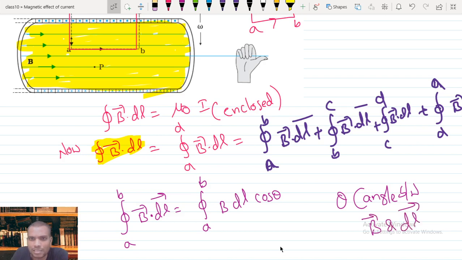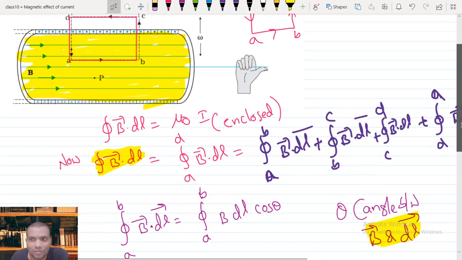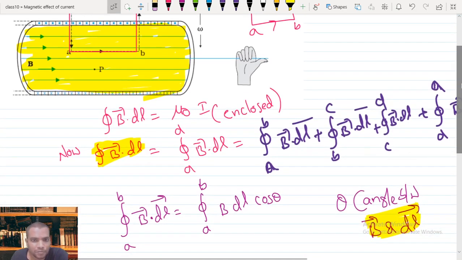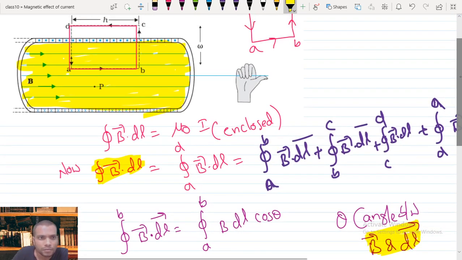So this is a very key point here. The magnetic field direction and the elemental length direction, what we have chosen in the Amperian loop, is needed to calculate the magnetic field in that particular portion. So in this given diagram, the B bar is along this direction.